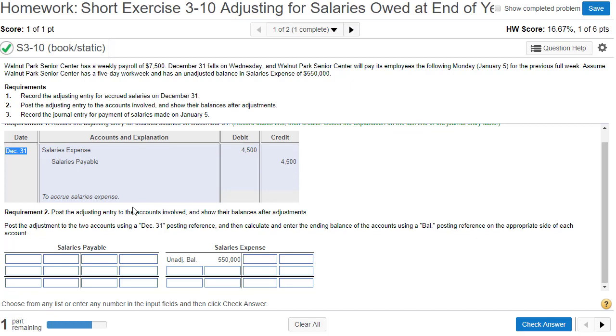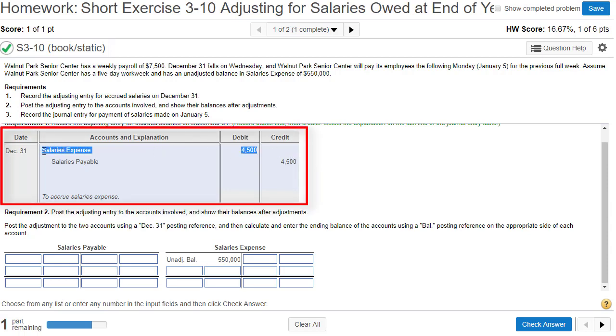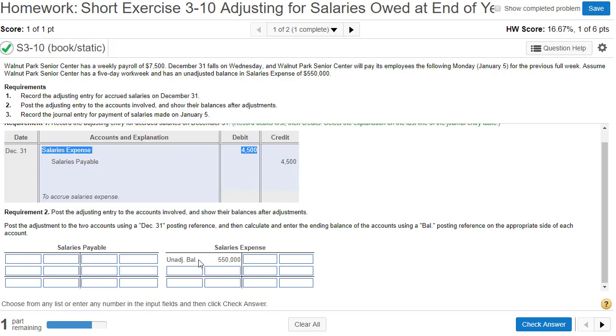Fantastic. All right, post the adjusting entry to the accounts involved and show their balances after adjustments. So this obviously is the adjusting entry. We have salaries expense, $4,500 debit on December 31st. That gives us a balance of $554,500 of salaries expense for the period.